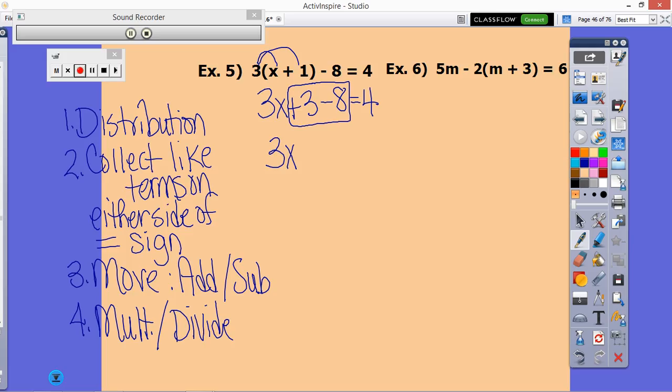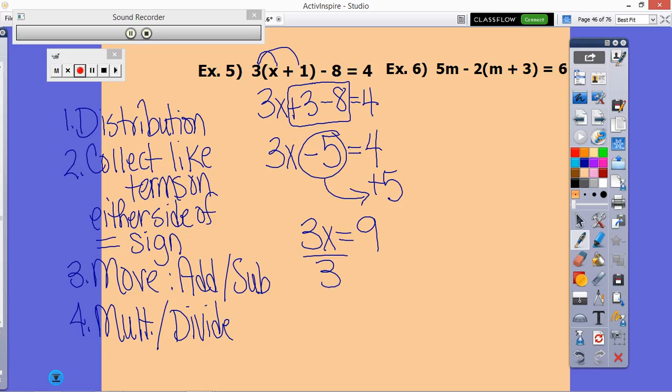I know that 3 minus 8 is negative 5, so I need to combine those terms so that I only have one variable term and one constant term on either side of my equation. Of course, the 4 doesn't have anything with it. So I'm now down to step 3, which is to undo this subtraction by addition. So I'm going to take that minus 5 and add over to the 4. So now I'm going to have 3x equals 9. I'm ready to divide. So x is now 3.